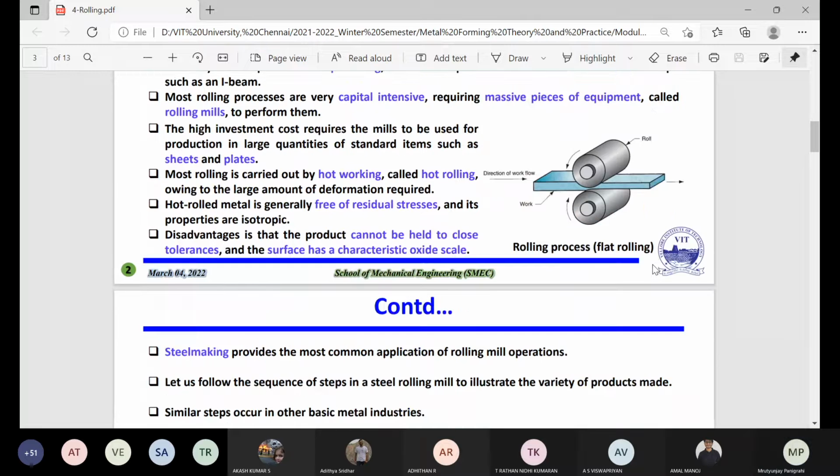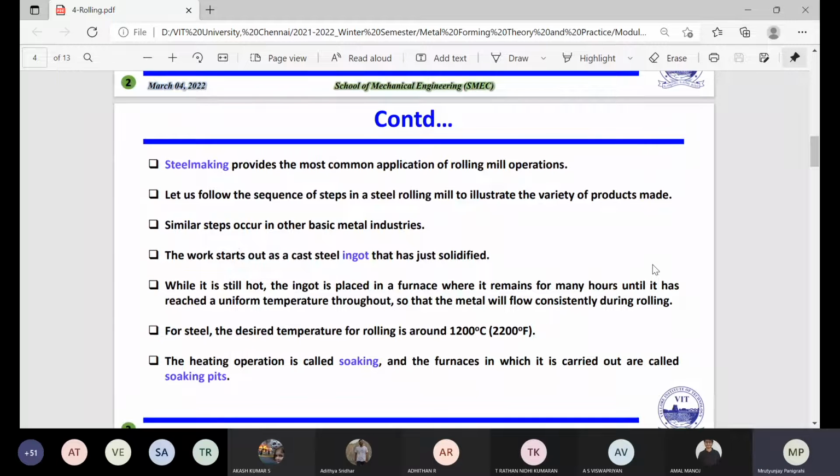Okay. Now when we are talking about rolling, we have to understand where it actually comes from. One example I have taken: if you know iron making and steel making, I have considered the steel making process here. Steel making means you first produce the iron or pig iron with the help of a blast furnace.